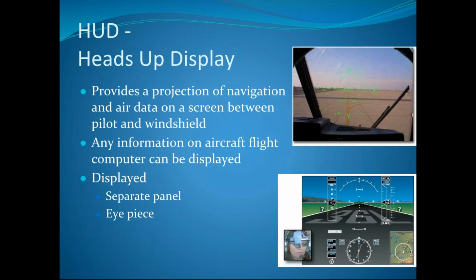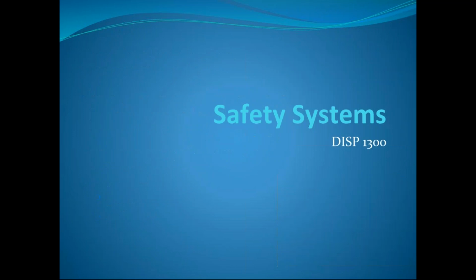That's pretty much exactly what the pilot sees. He flies through boxes to make sure that he's coming into the runway at the correct angle.